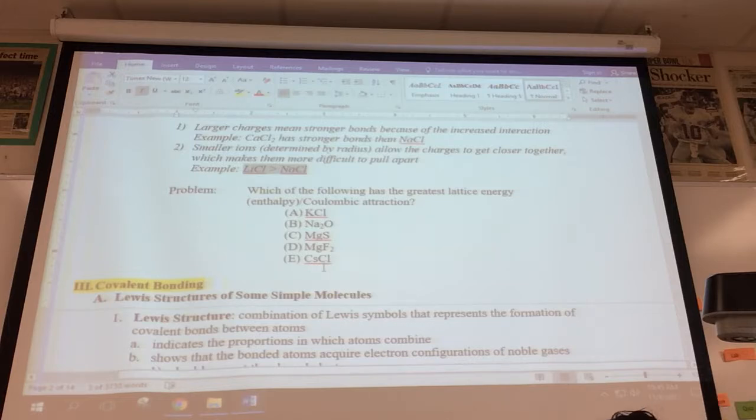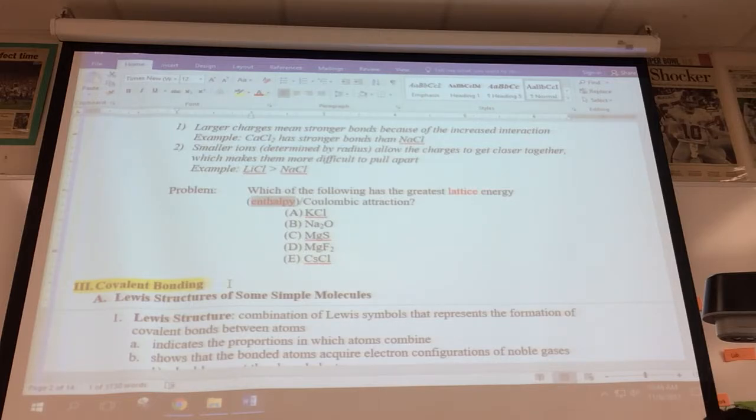So look at this problem. It says, which of the following has the greatest lattice energy or enthalpy, or it could say coulombic attraction? I really feel that you will see a question like this for sure. They love this, and the term will say lattice enthalpy. So what do you think? Magnesium sulfide. Magnesium sulfide because 2 plus 2 minus for 4, exactly. So go with the charge first, before radius.